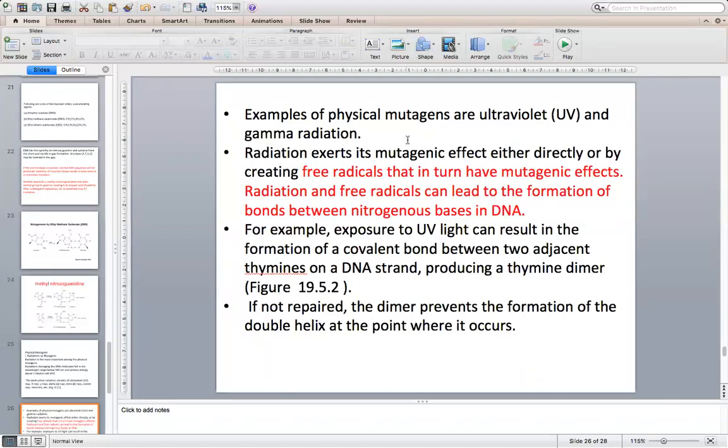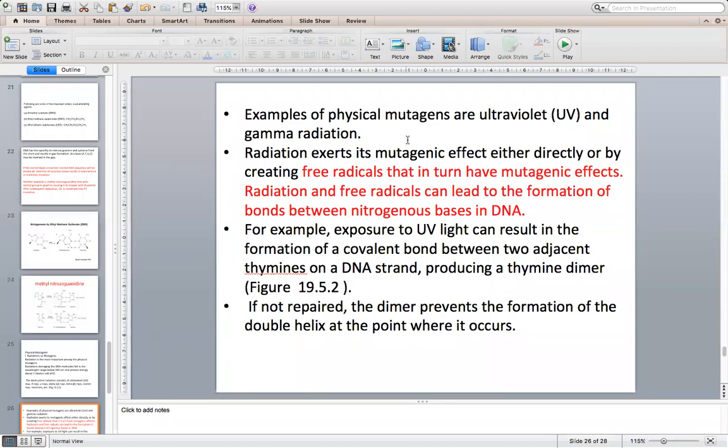Radiations exert their mutagenic effect either directly or by creating free radicals. Free radicals can lead to cancer and so on, which is also due to mutation. These radiation free radicals can lead to the formation of bonds between the nitrogenous bases.